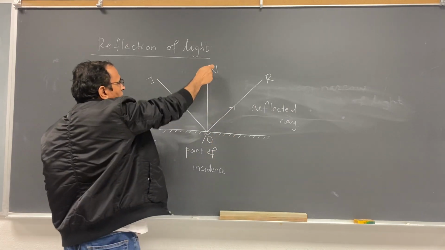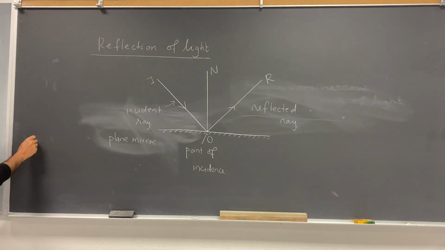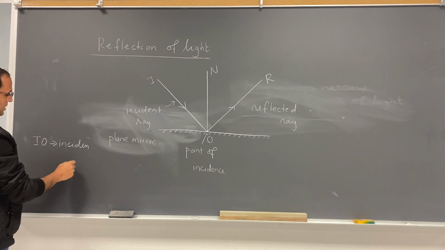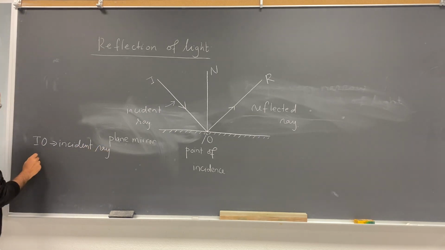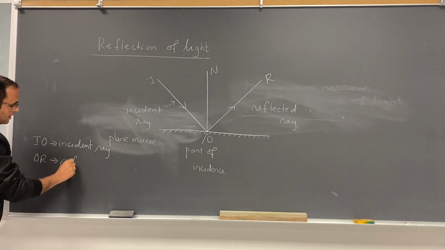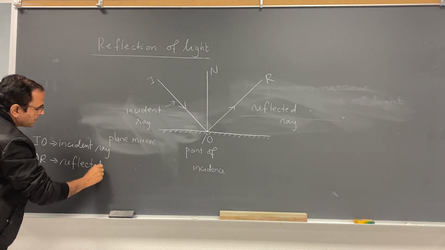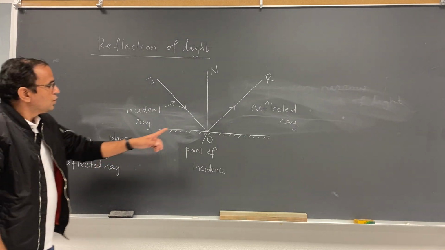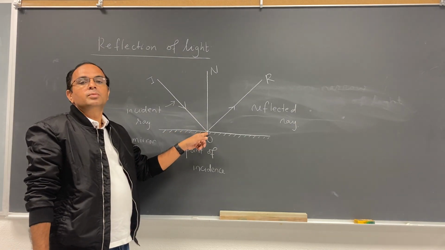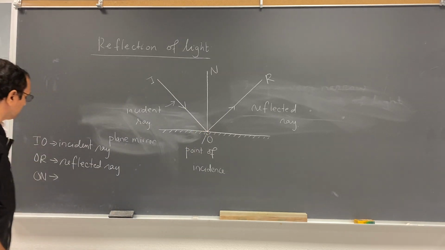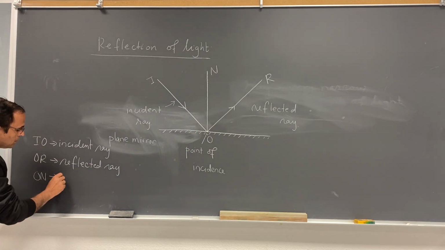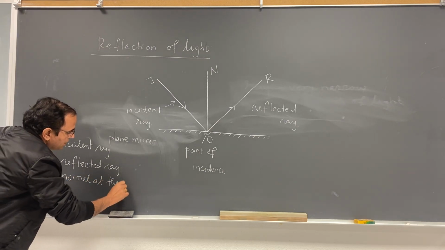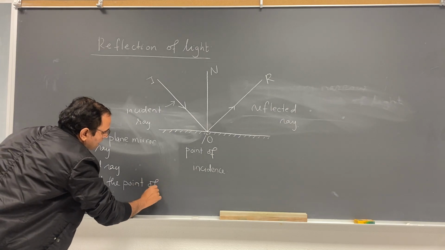You can write down, look here, IO is the incident ray, OR is the reflected ray, and ON is the normal at the point of incidence. You draw the normal at the point of incidence. So you can write down ON is the normal at the point of incidence.